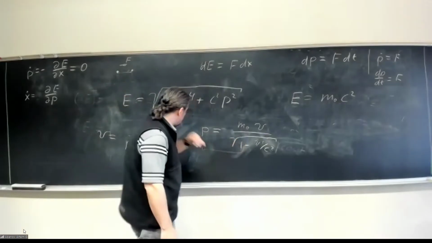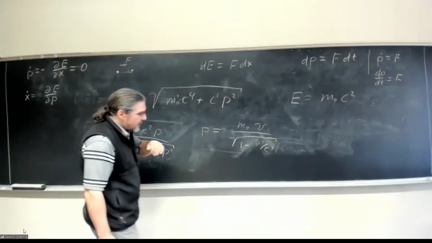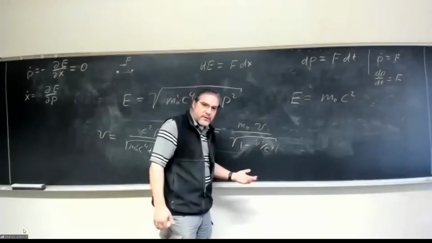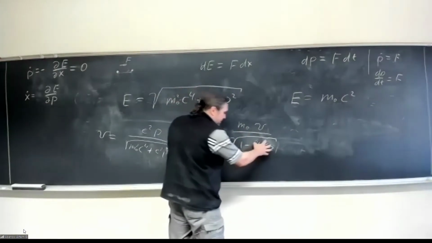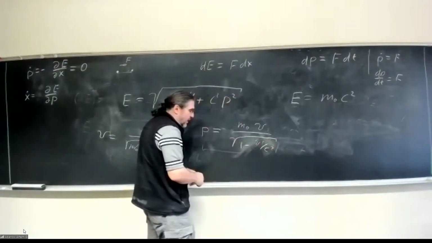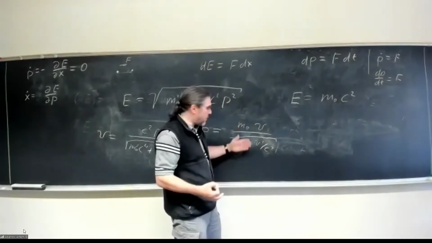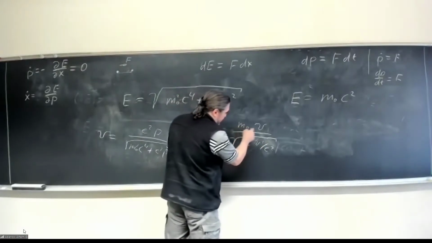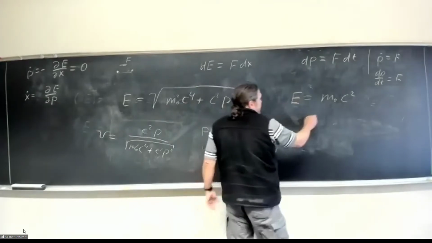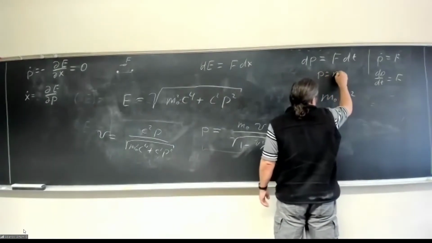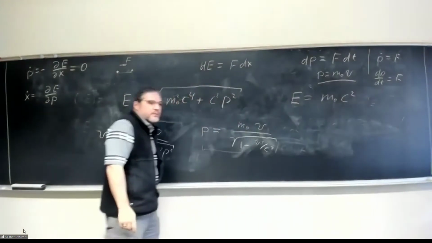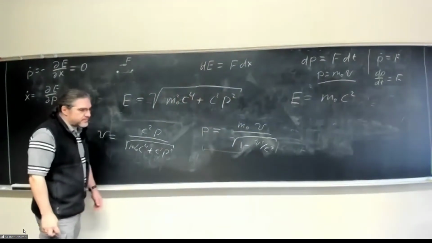And again, what I can do is ask: what if my velocity is small? If my velocity is small, v squared divided by c squared is very small. So the square root is of the order of 1, so it's pretty much 1, right? And what I have is p equals m naught v. This is your standard Newtonian momentum and velocity relationship.